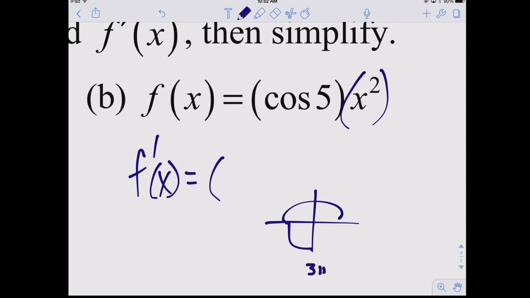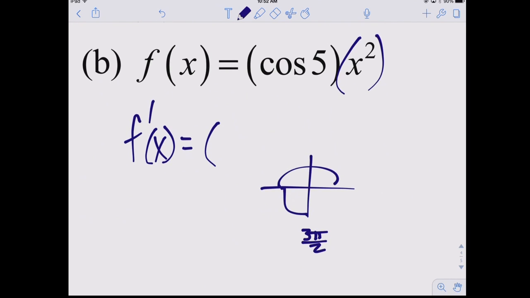What's 3 pi halves equal to? It's a little bit into quadrant 4. So cosine of 5, it probably makes it over here in quadrant 4, right? 5 radians. So it's going to be some positive or negative number? It's just some positive number, some positive number times x squared. So really, we could do the product rule, but its derivative would be 0.